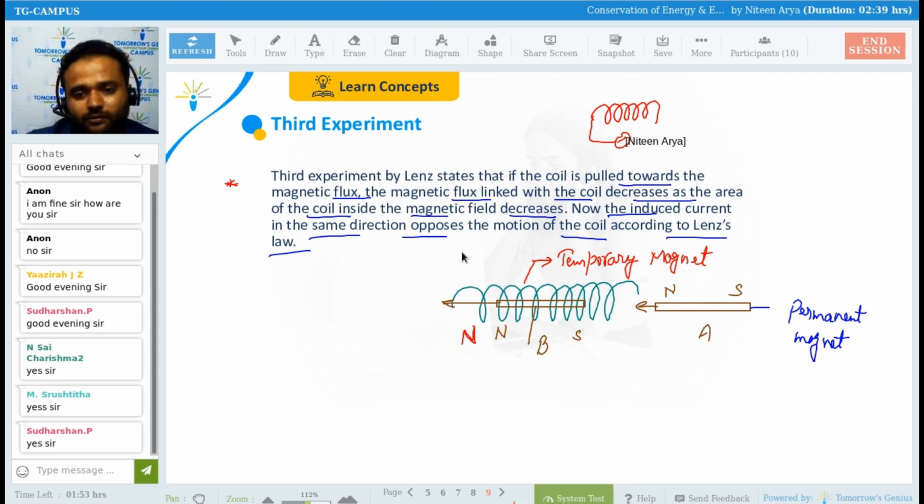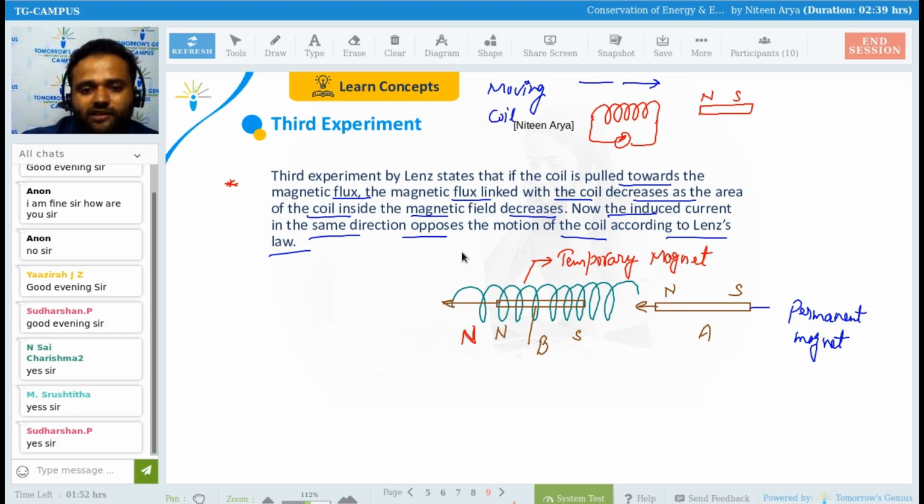This is your galvanometer, this is your coil, this is your magnet, north, south. Now this magnet is not moving, the coil is moving. Moving coil.